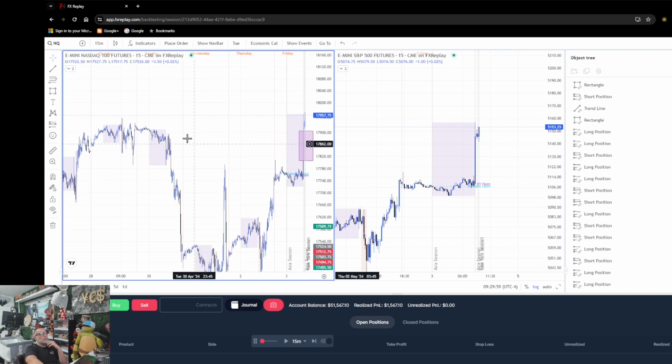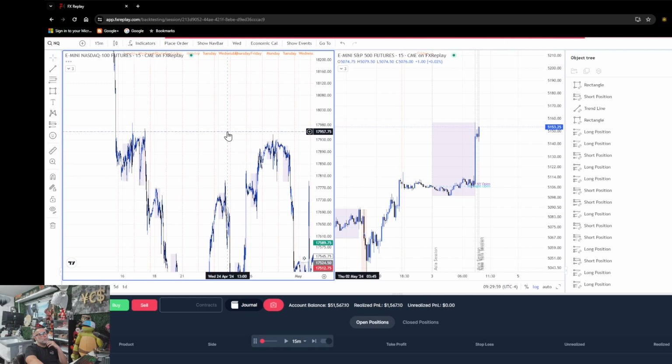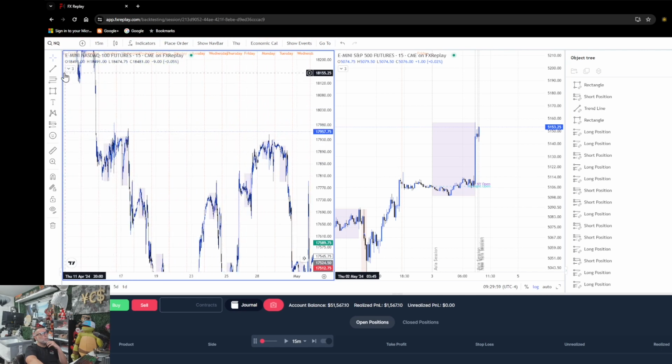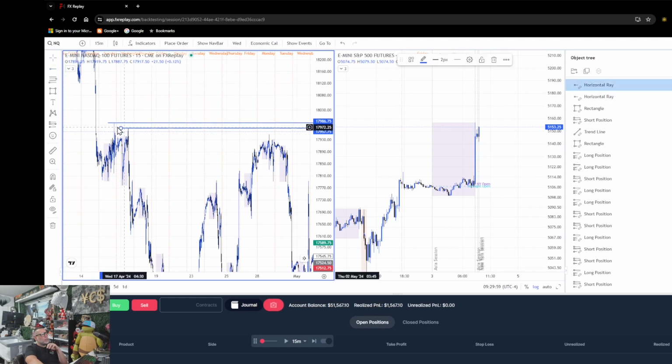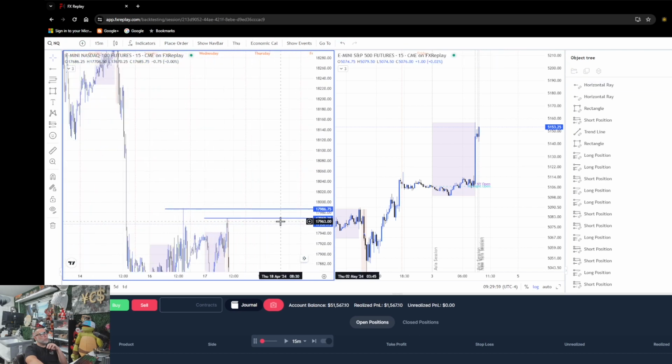And so we took out all these highs. Let's mark out this high, and let's mark out this high. Remember, we're just marking out areas where we think price is going to react from.